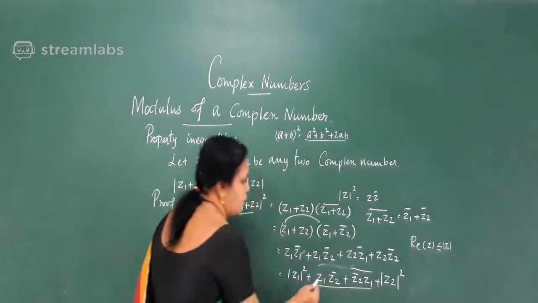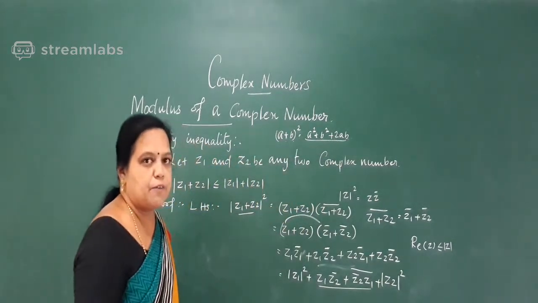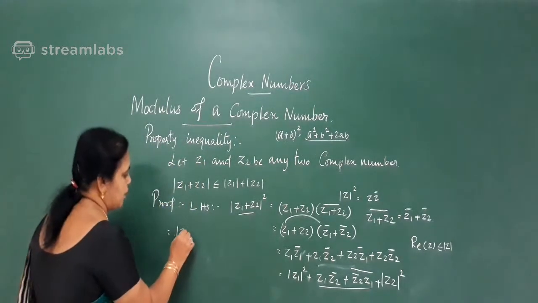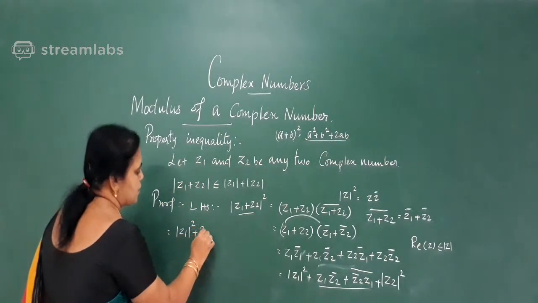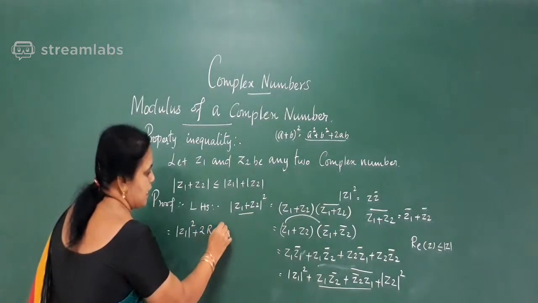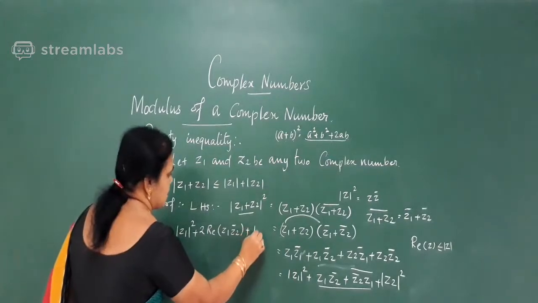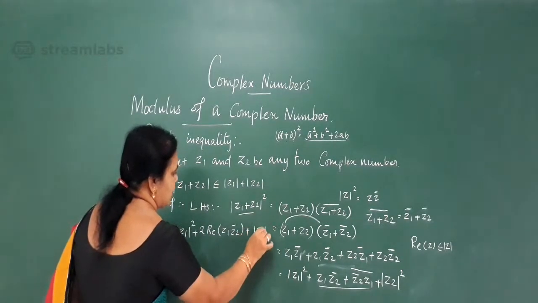See here, 2 times the real part of Z, isn't it? Modulus Z1 square plus 2 times the real part of Z1 Z2 bar plus modulus Z1 Z2 square.